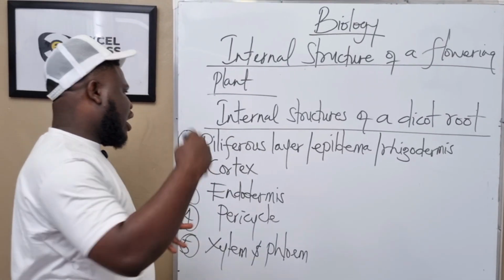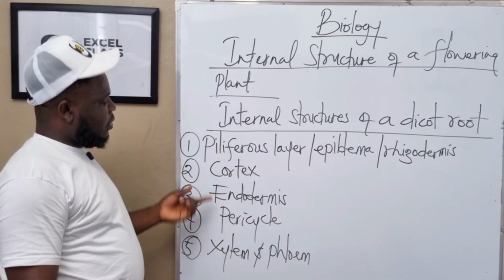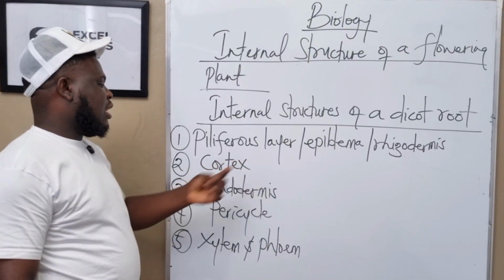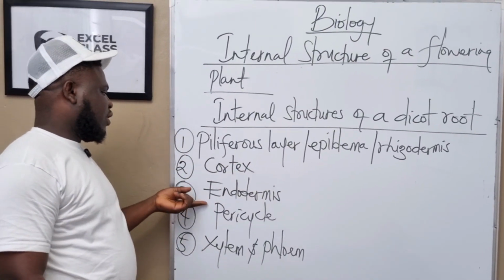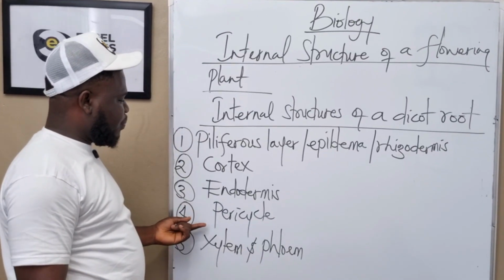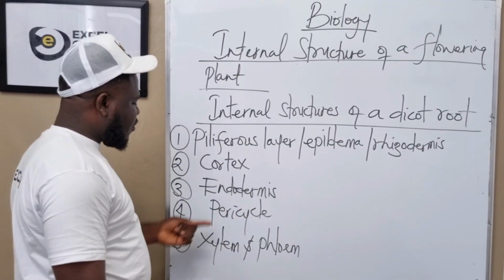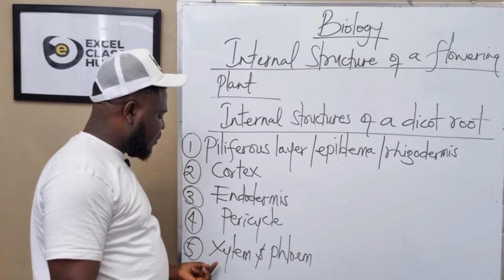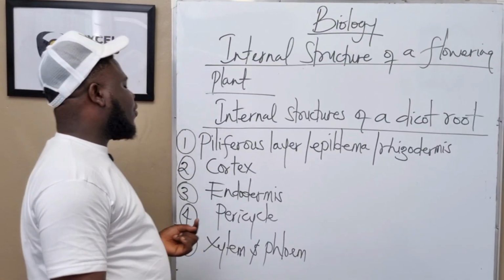So after the piliferous layer, we see the cortex. After the cortex, the endodermis. After the endodermis, the pericycle. Then after the pericycle, the xylem and the phloem.